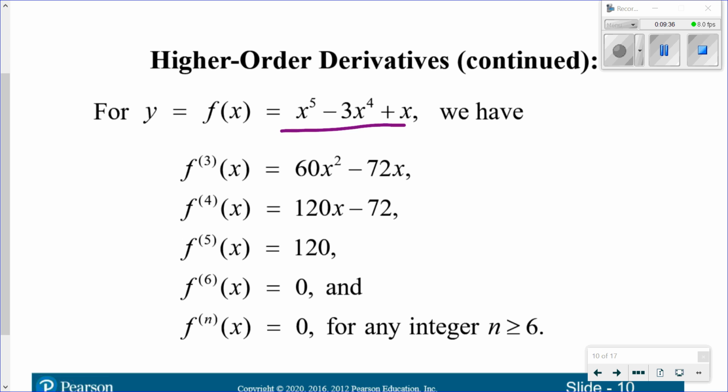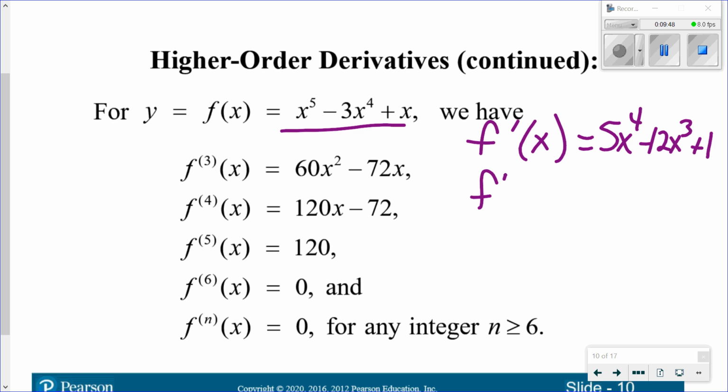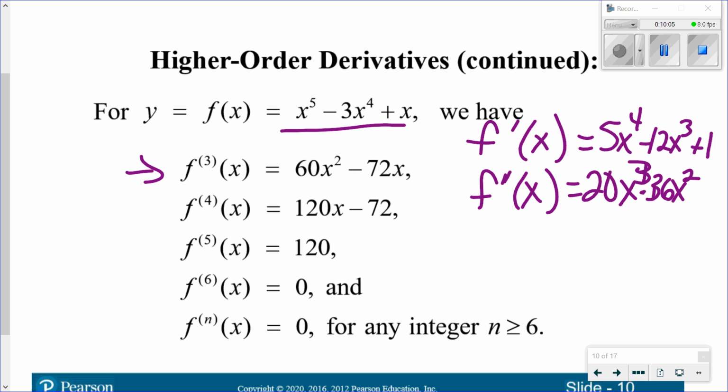So if this is your original function, f prime of x is 5x to the fourth minus 12x cubed plus 1. Your second derivative, f double prime, is 20x to the third minus 36x squared.